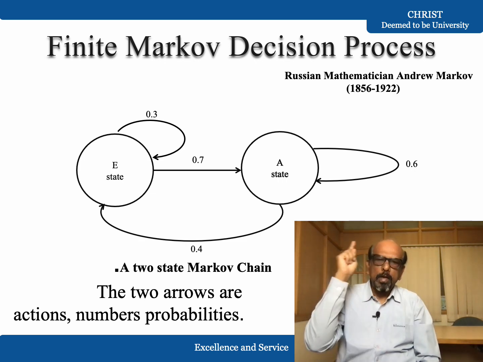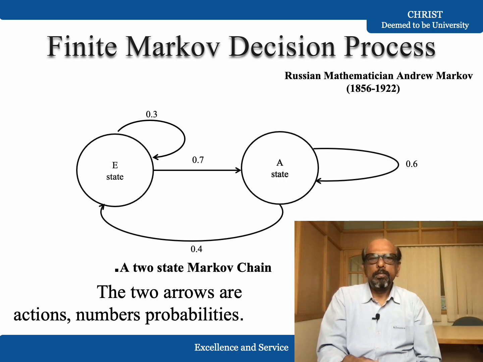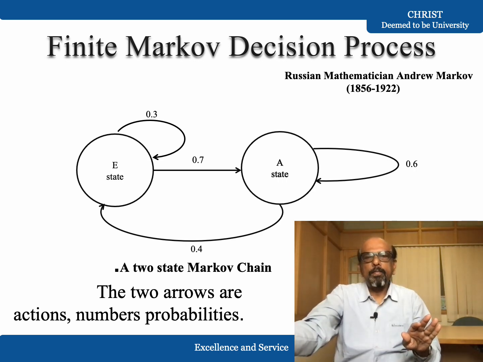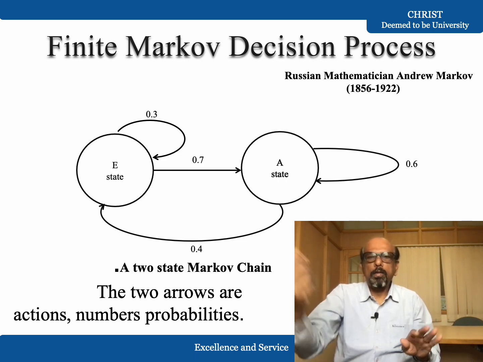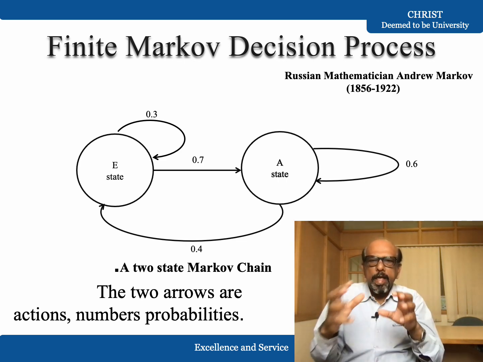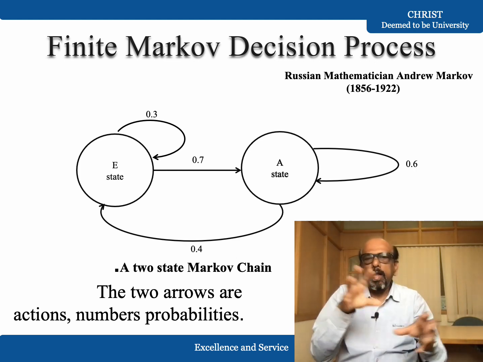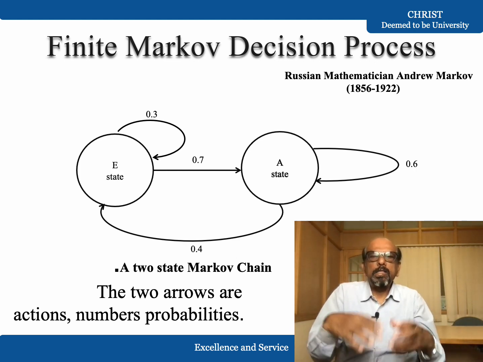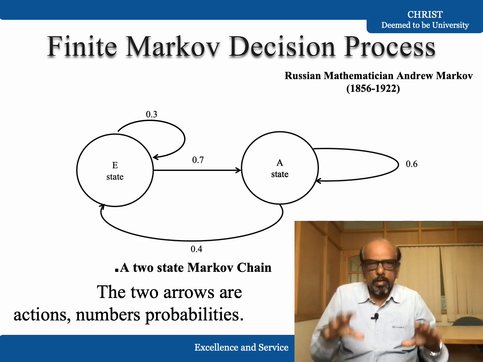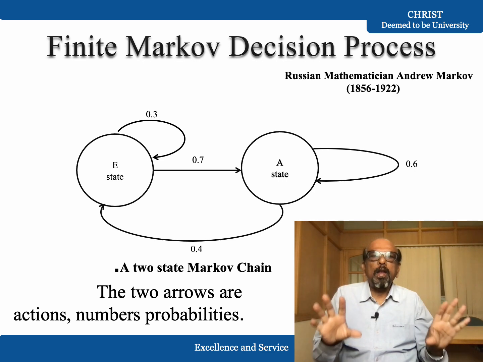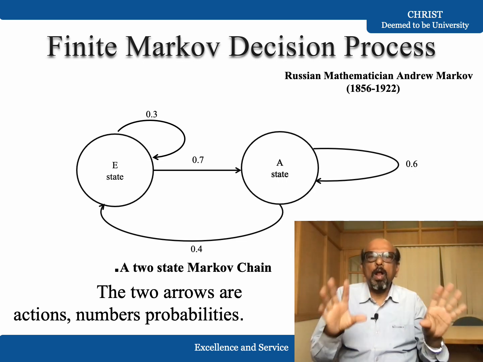Whenever you perform one action from that state, you reach another state and you get a reward. For each of the possible actions, there is a probability attached. So this is the broad background about the finite Markov decision process.